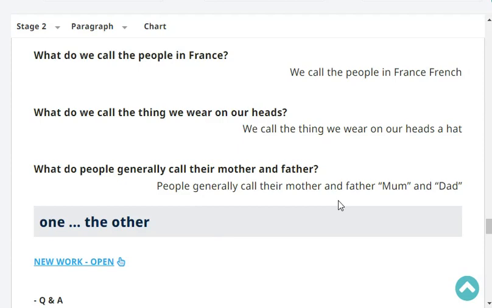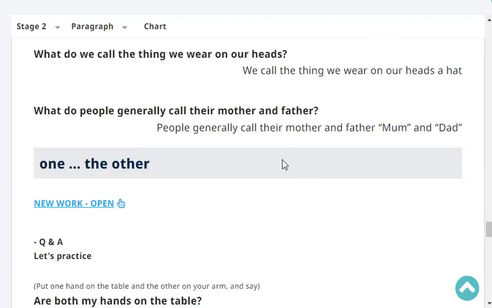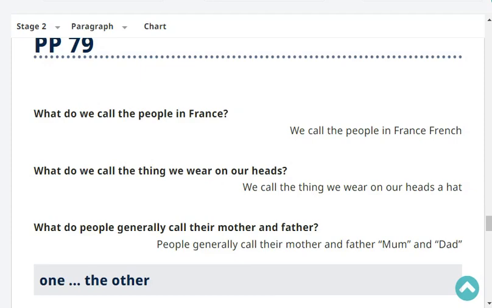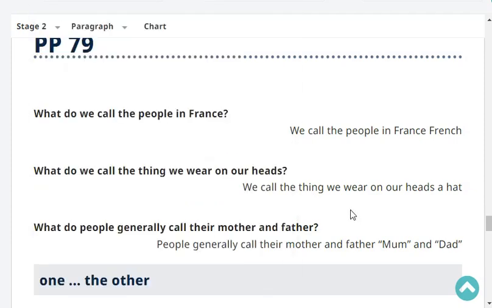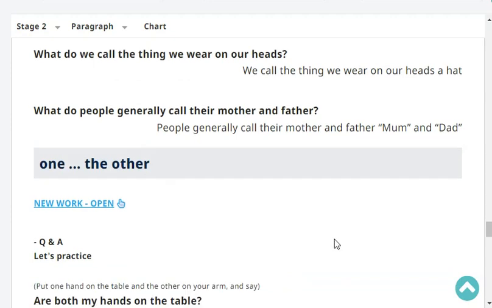We call the thing we wear on our head a hat. What do people generally call their mother and father? People generally call their mother and father mom and dad.